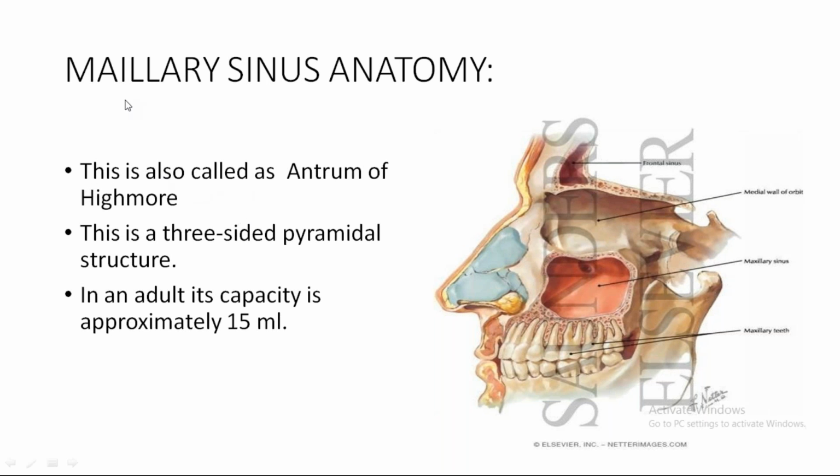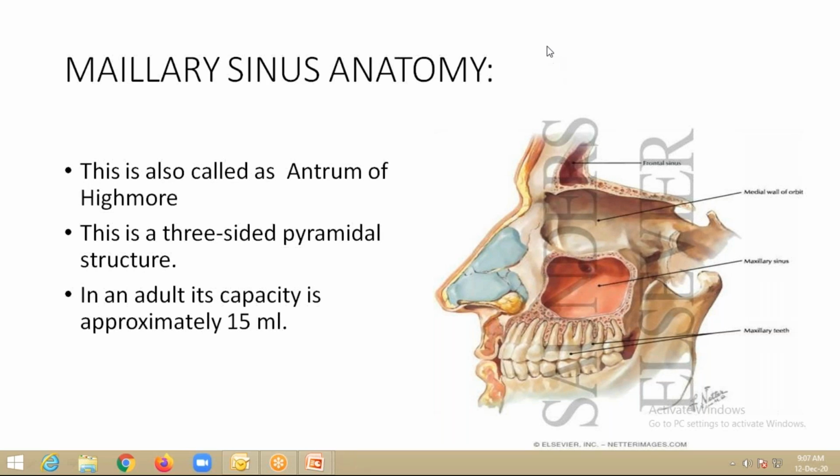This maxillary sinus is also known as the antrum of Highmore. So you can see this is a sagittal section and this is the maxillary sinus, and you can see the relation to the orbit. This is the medial wall of the orbit. So the maxillary sinus forms the floor of the orbit.